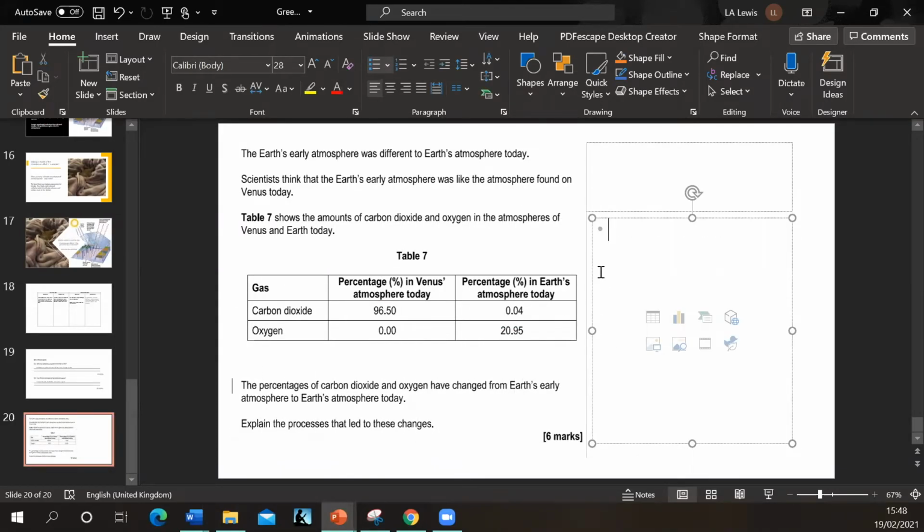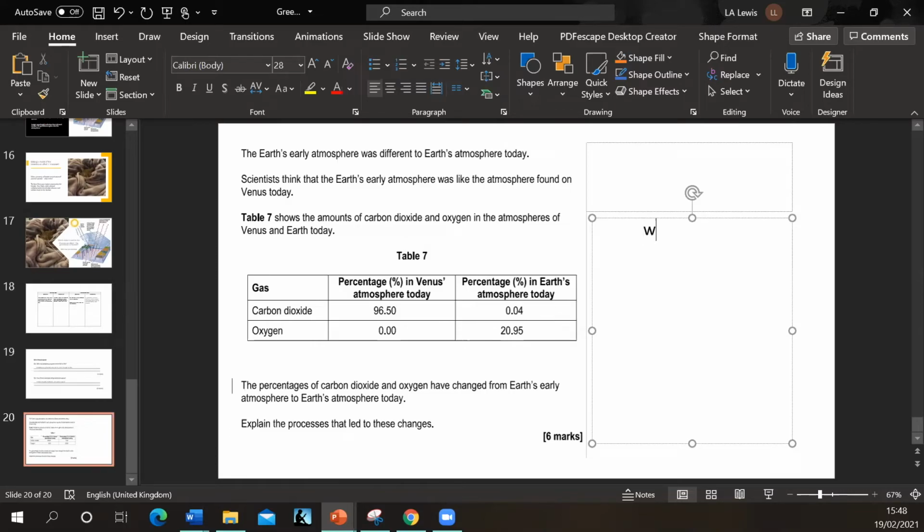So I'm going to say that the temperature of Venus is extremely hot as well. So carbon dioxide is an extreme greenhouse effect occurring on that planet. So the changes. Earth's early atmosphere.